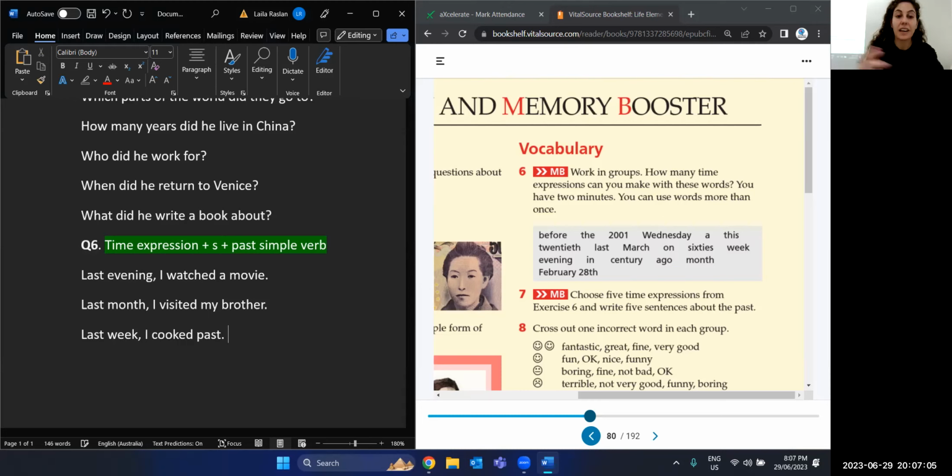Yes, last week I cooked pasta. Good. Yep. I cooked pasta.